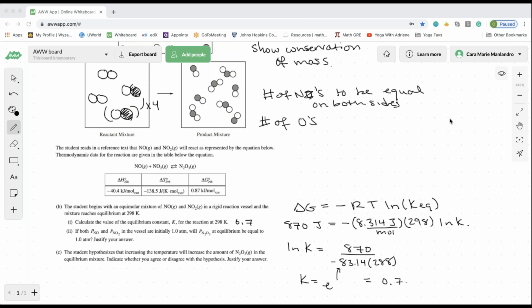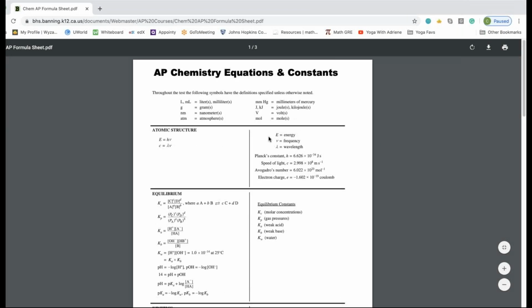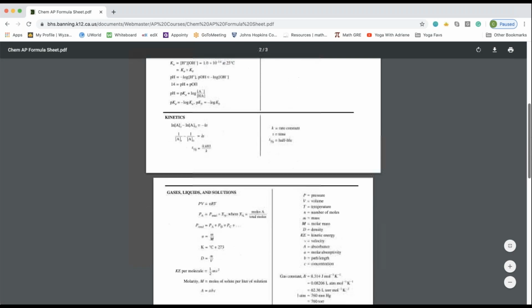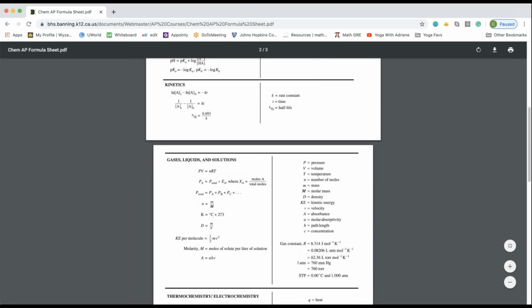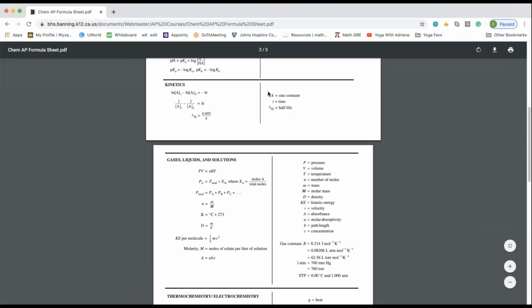In general, when you're dealing with any of the constants, you want to make sure that your units match up. They should give it to you, so they do. I'll zoom in so that we can actually see it. Can you see that right there? Gas constant?